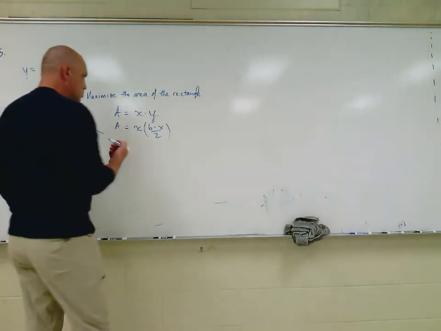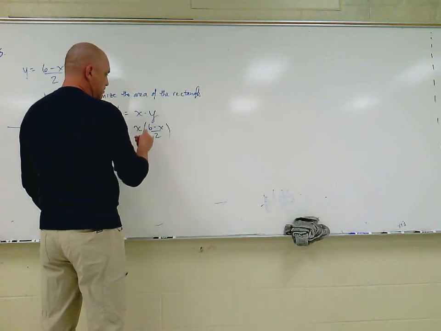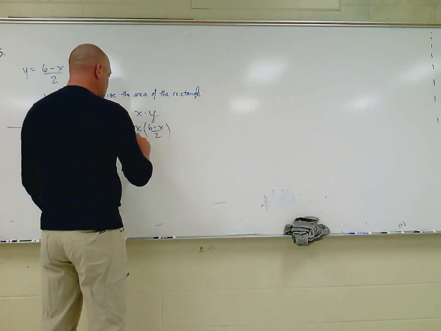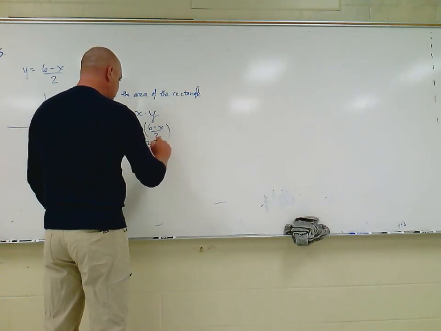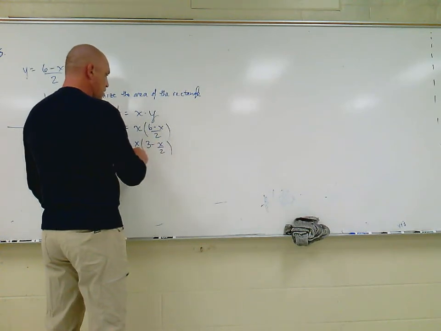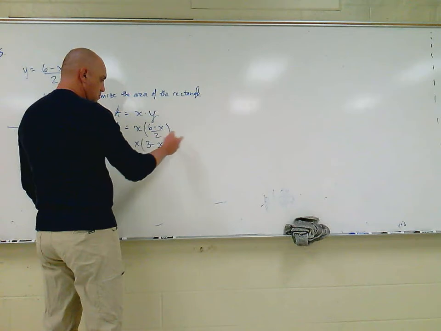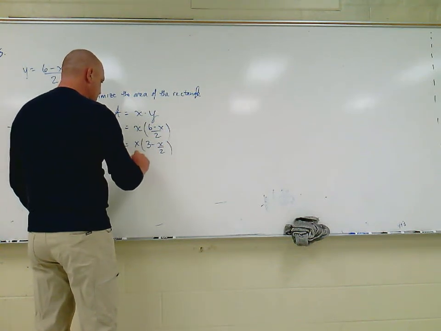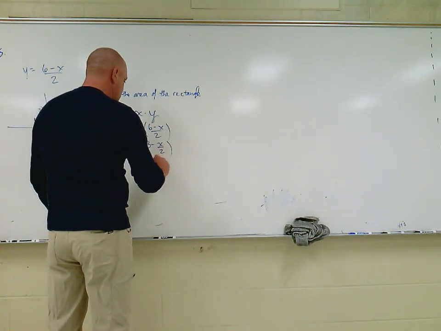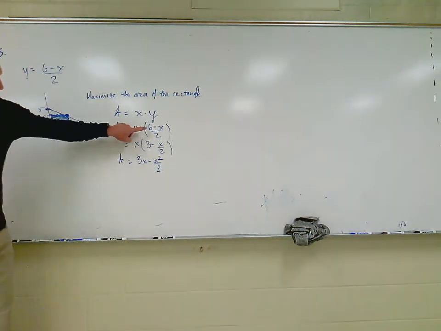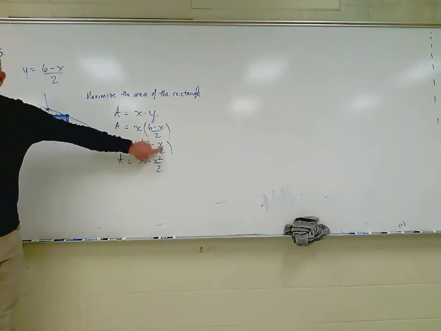So I would have written this 3 minus x over 2, right? If I divide both of these by 2, then I can distribute my x, makes it a little bit more attractive. 3x minus x squared over 2. So all I did is I changed this line to 3 minus x over 2.